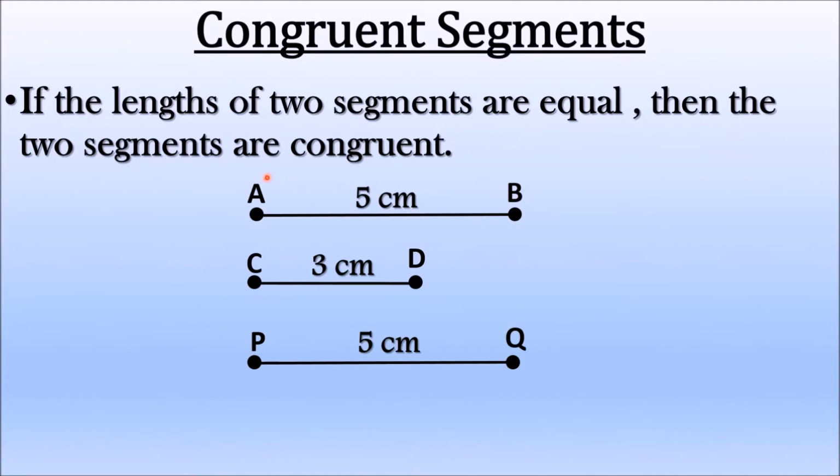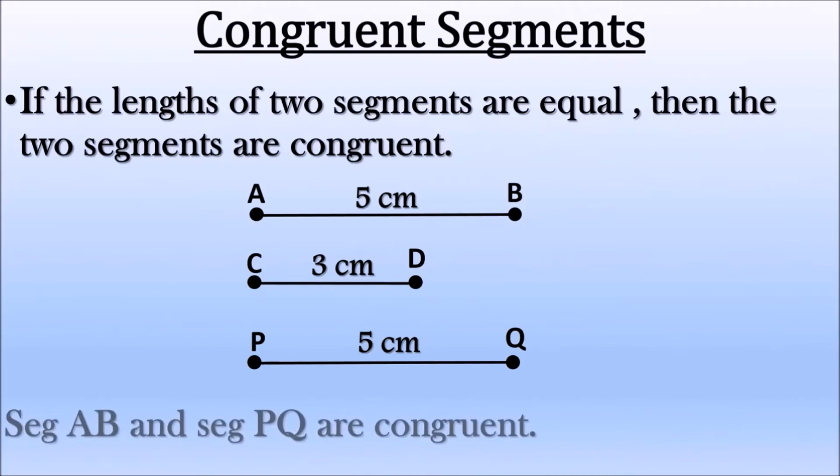Now you can see here the length of segment AB is 5 cm and length of segment PQ is 5 cm. Therefore, segment AB and segment PQ are congruent to each other because they have the same length. So what do we mean by congruent segments? Segments having the same length.